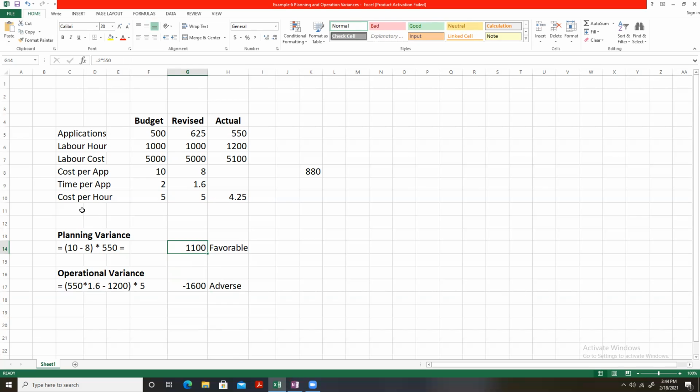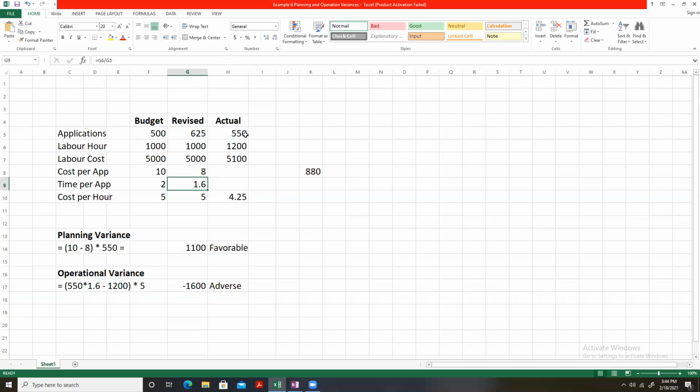Let me repeat once again the operational variance. What we did was compare the revised standard against the actual results. According to the revised standards, each application should have taken 1.6 hours.